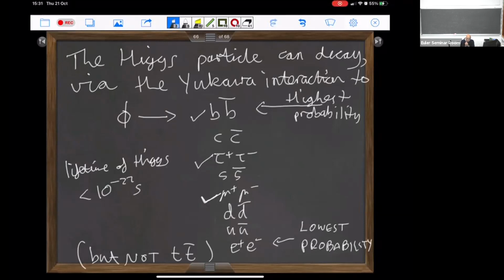And from those final states, which could be electrons, hadron jets, neutrinos, photons, and muons, those are the sort of things that actually get measured, and then you try and reconstruct the particle that actually decayed, or whatever was in the original event.